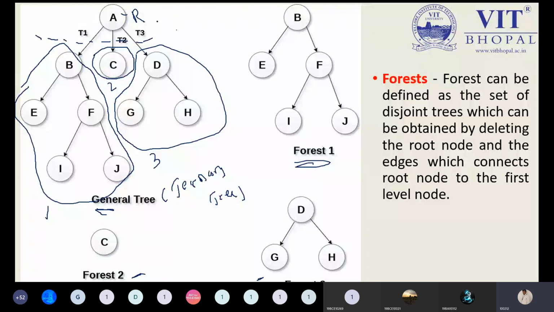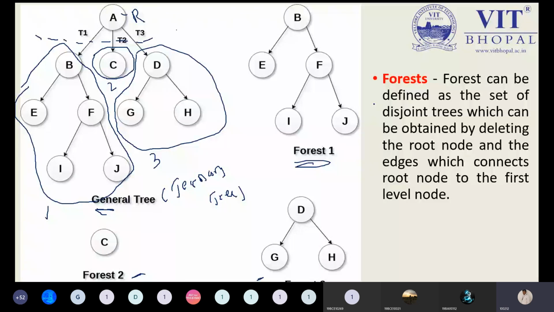Forest can be defined as a set of disjoint trees, or trees which can be obtained by deleting the root node and the edges which connect the root node to the first level nodes. This is the actual definition of the forest.